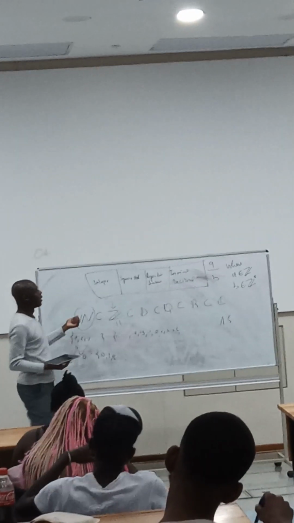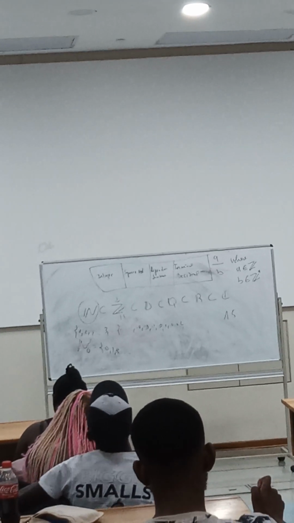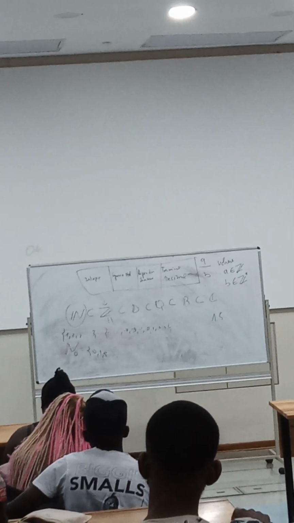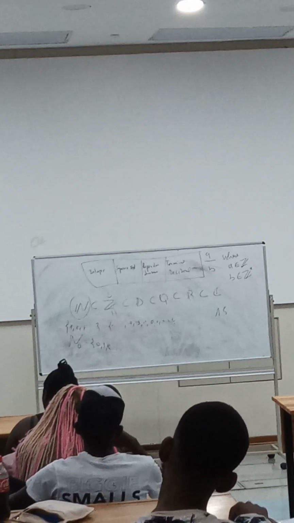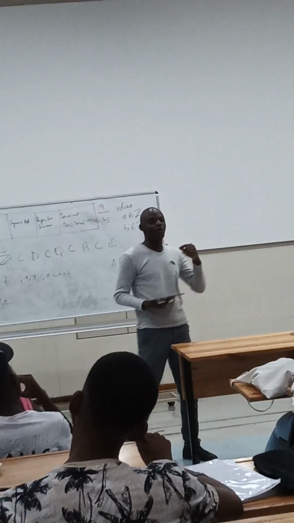What do I mean? If I take 1, 2, or 3, it is a rational number. Why is it a rational number? If I ask you why 2 is a rational number, how will you answer this? Because 2 can be written as 2 over 1, where 2 is the numerator and 1 is the denominator. 2 equals 2 divided by 1, right?